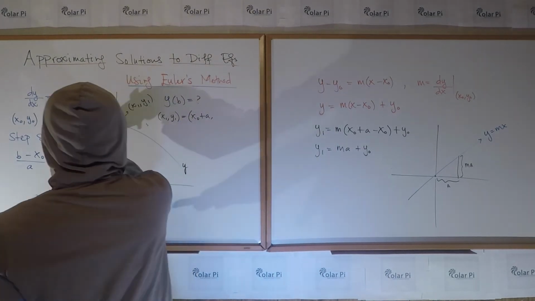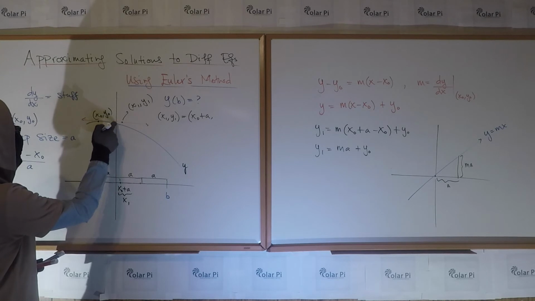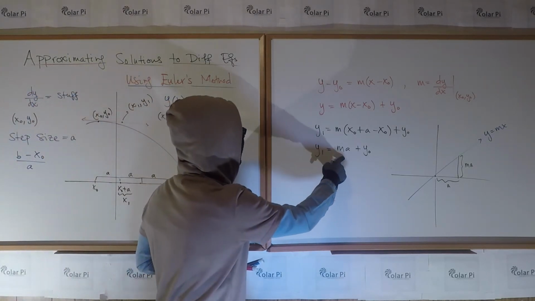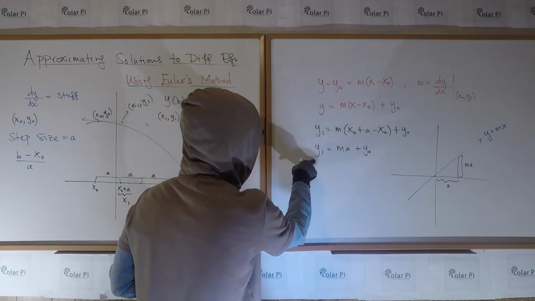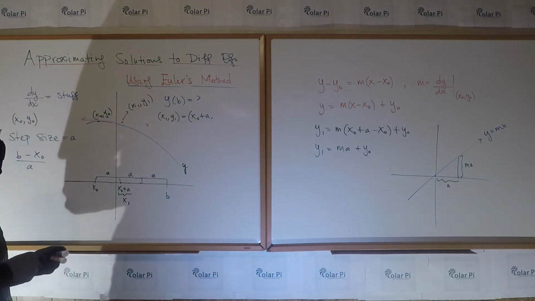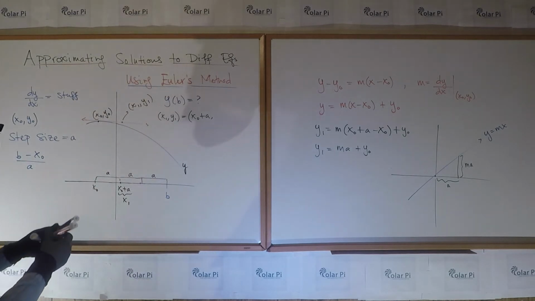It should be the starting y0 and then the change in y, which is m times a. So the starting y plus m times a should give us the new y, and that visual should aid you in understanding that. After this, it's trivial to do the rest of it.